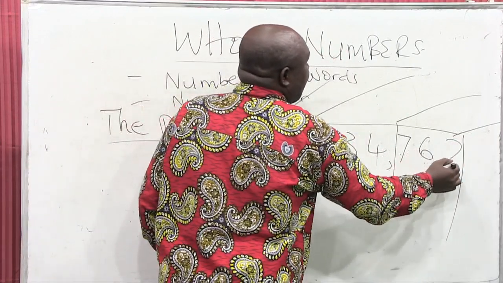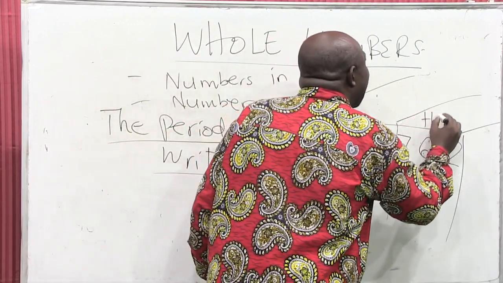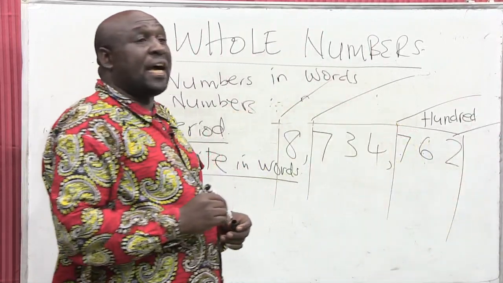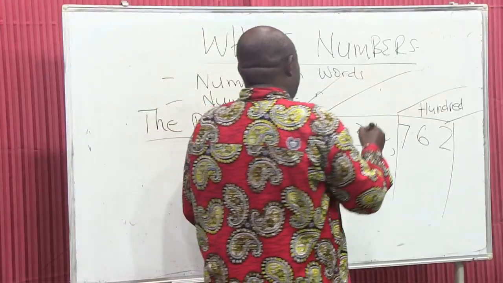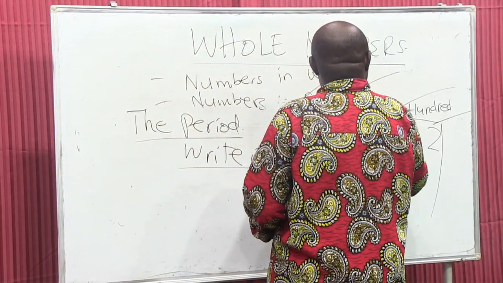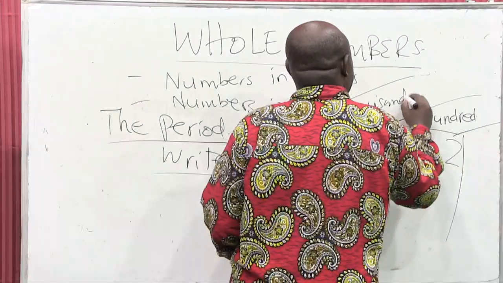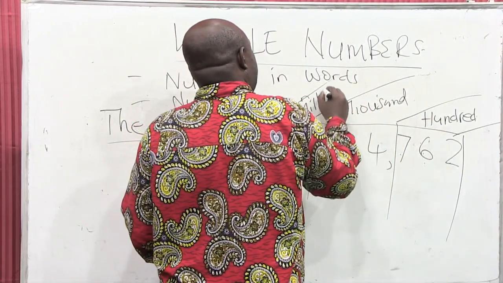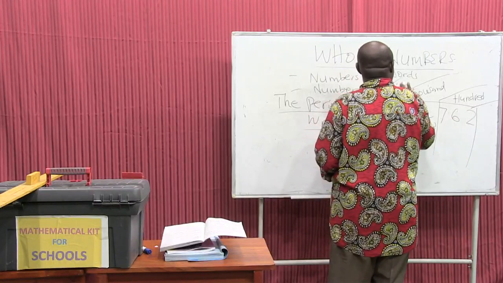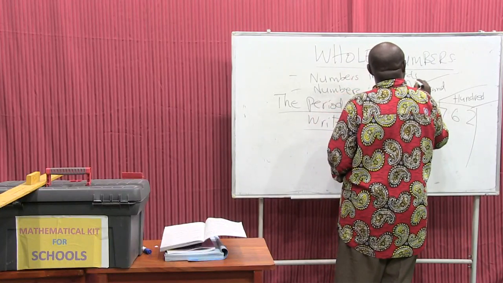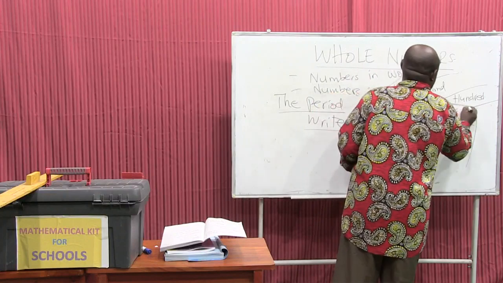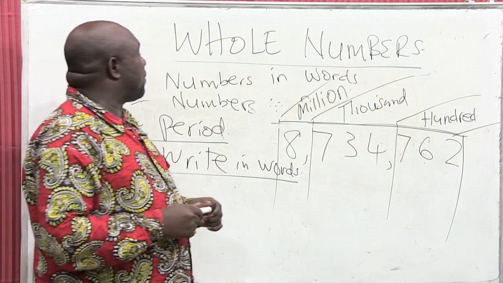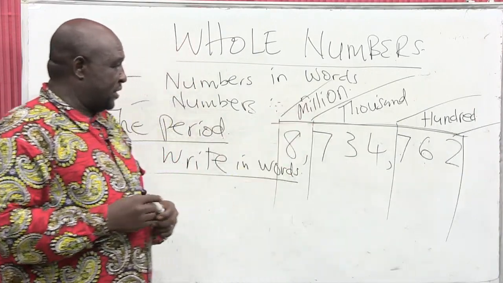7, 6, and 2 are in the hundreds period. And this is the thousands period. And this is the million period. So we have the hundreds period, the thousands period, and the million period.